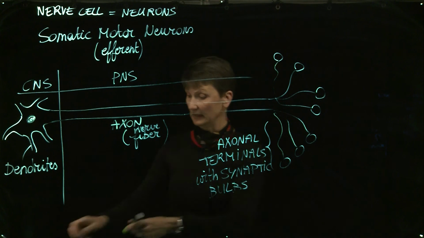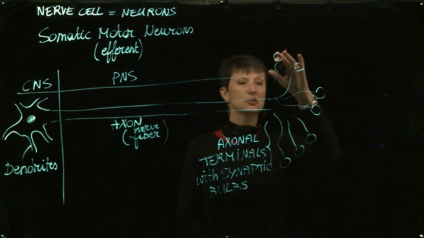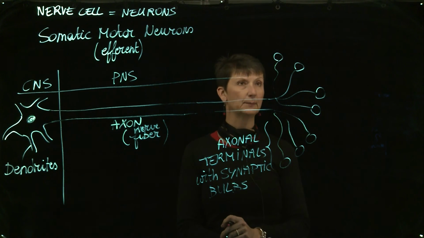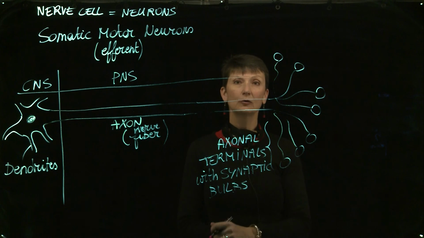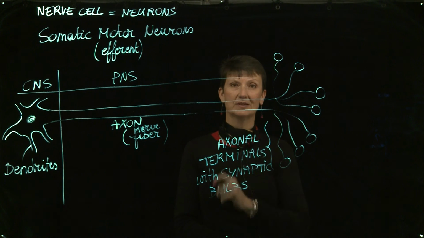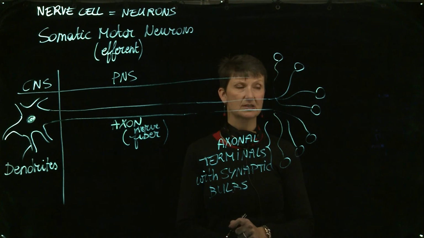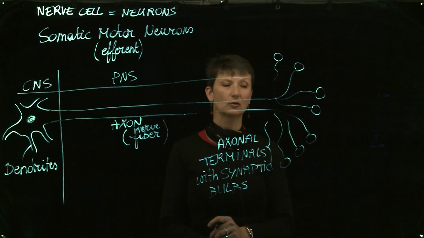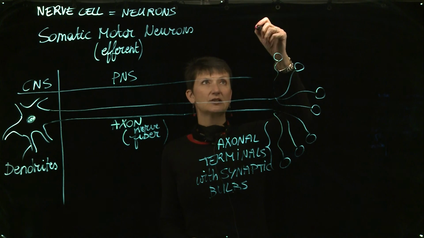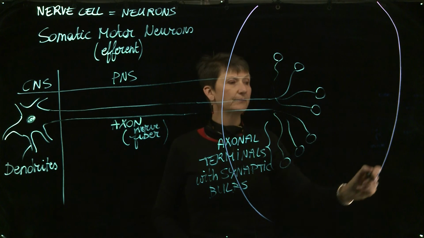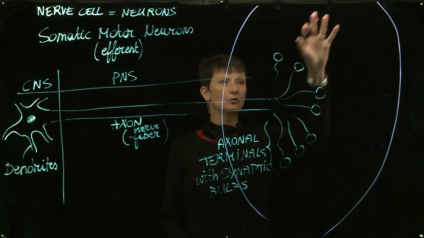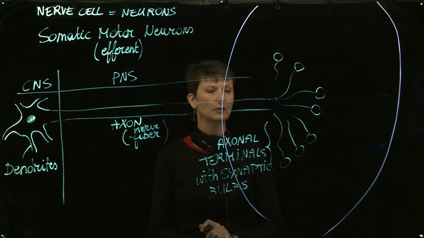Now, each one of these axonal terminals with their synaptic bulbs is going to synapse or form a close connection with one muscle cell, with one skeletal muscle fiber. And I'm just, again, going to sketch this. Imagine that we're inside of our big muscle organ, and all of these axonal terminals are spreading throughout our muscle organ.